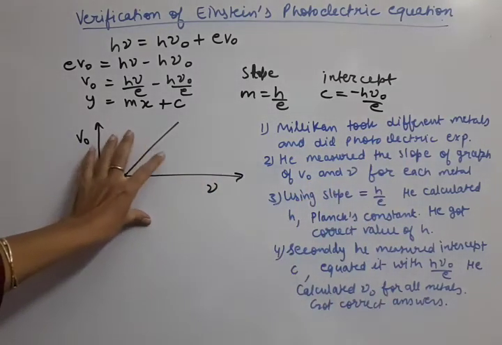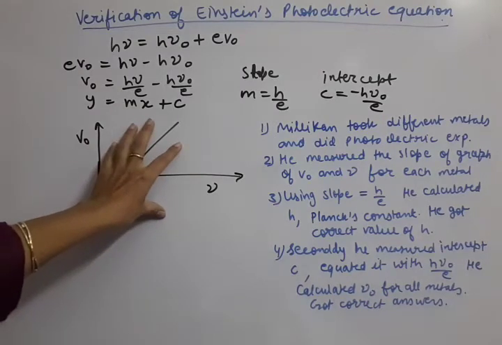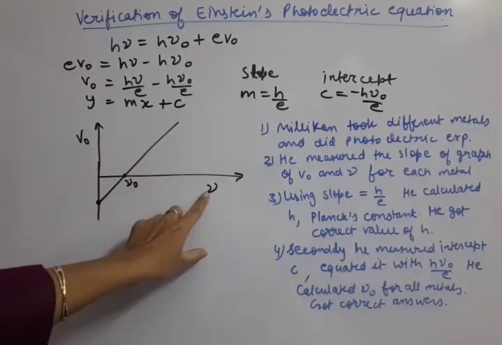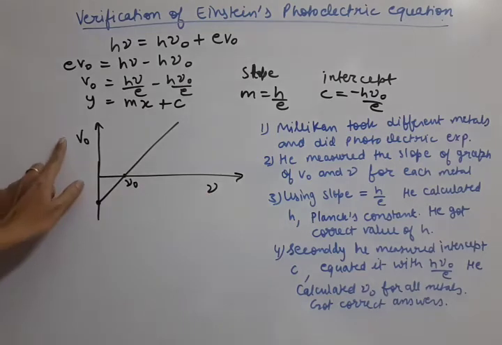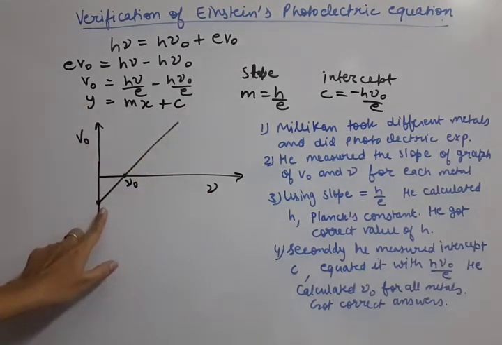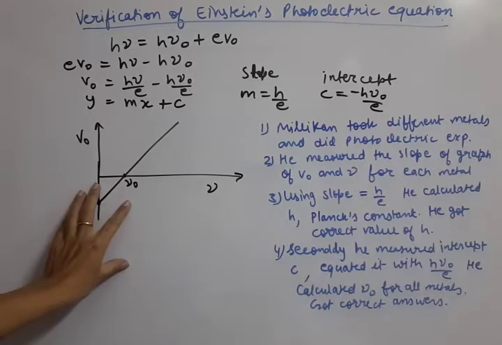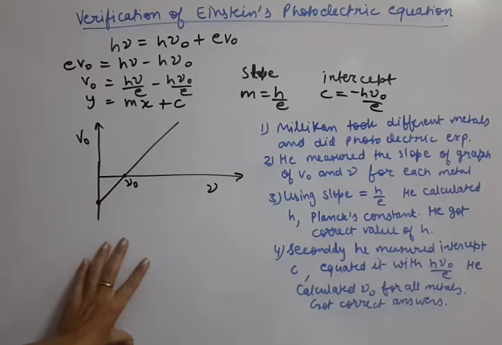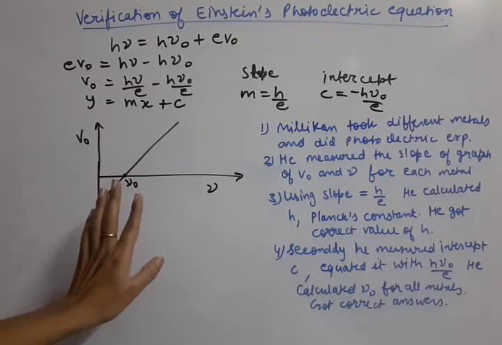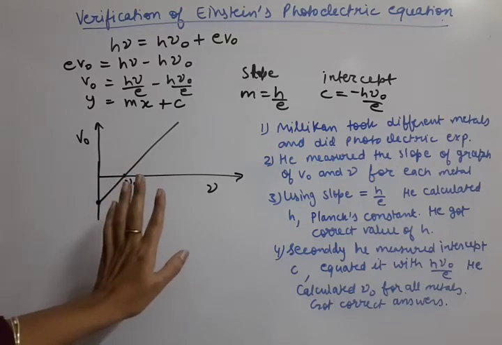Whenever we do the photoelectric experiment for one metal, we can increase the frequency of radiation, measure the stopping potential V0, and then draw the graph. For one metal one graph will come, for a second metal another graph will come. The shape will be the same, but different values will be there.